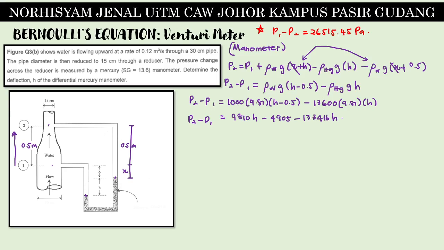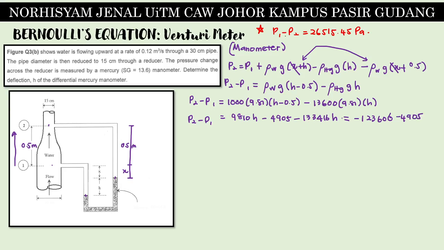Let me finish this up first. 9810 minus 133416 is negative 123,606H, minus 4905.